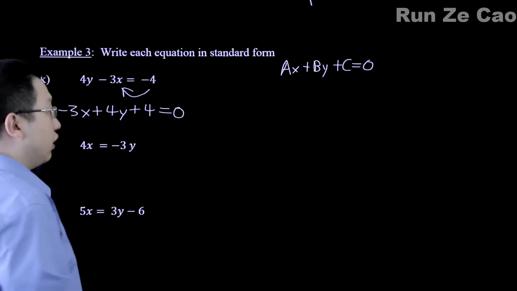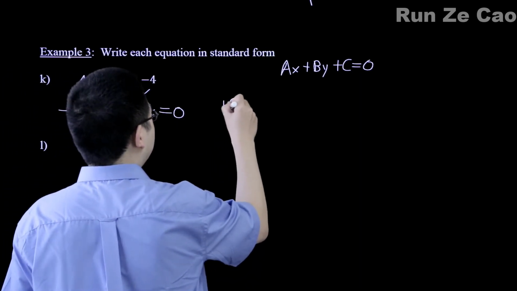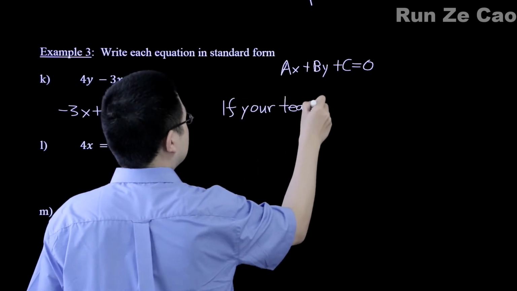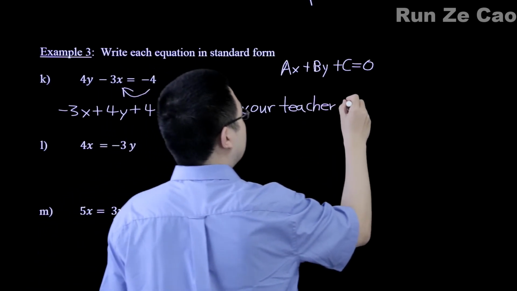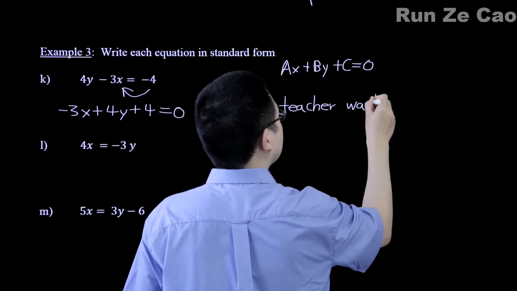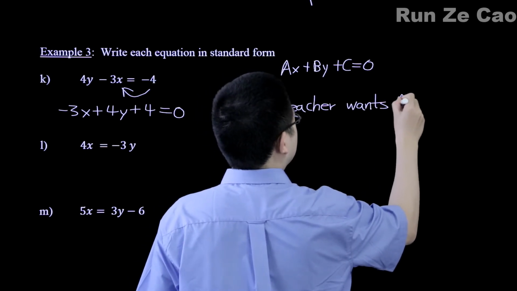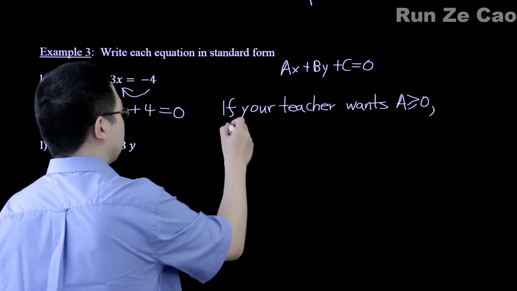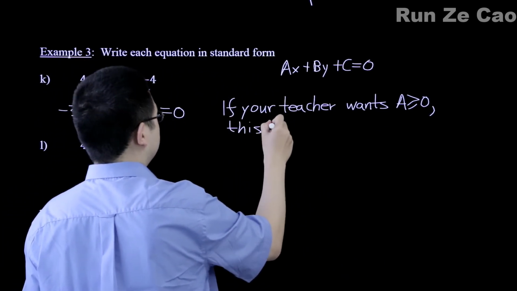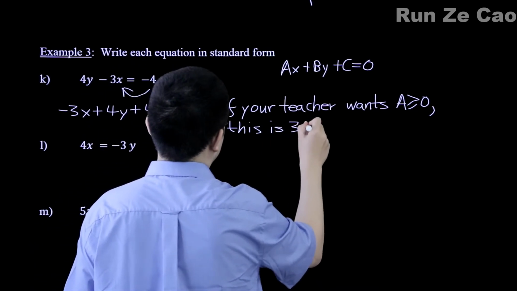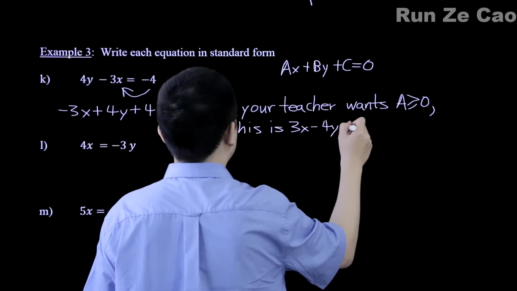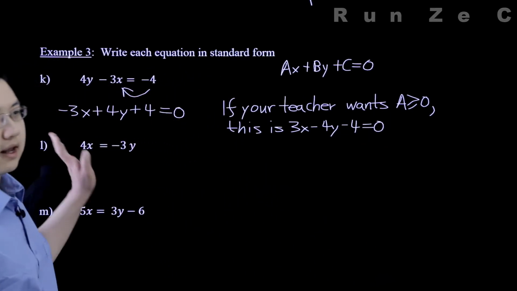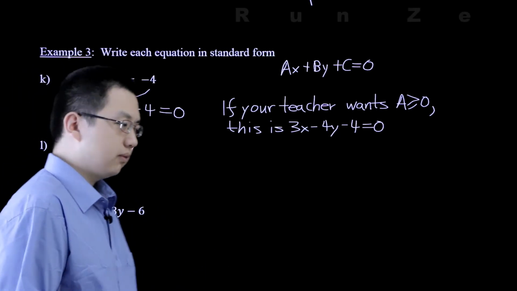Of course, if your teacher wants a to be greater than or equal to 0, then of course this would be 3x minus 4y minus 4 equals 0 instead. So you multiplied everything by -1. You flip the signs to be shorter.